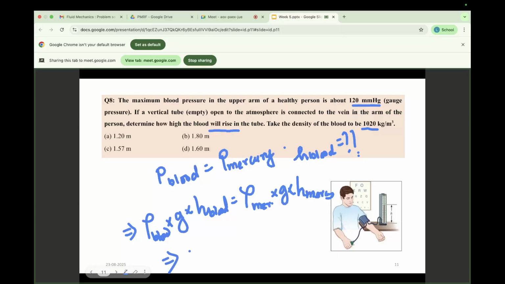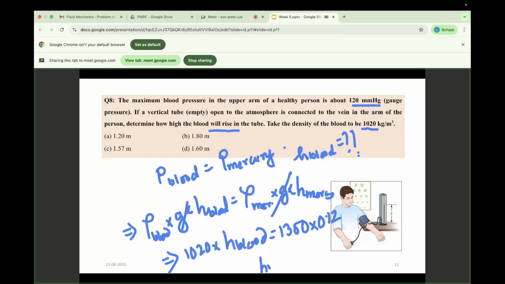Rho of blood is given as 1020, and G will cancel out from both sides, and H of blood I need to find. For mercury I know rho should be 1300, and H of mercury given in this question is 120 mm, means 0.12, right?